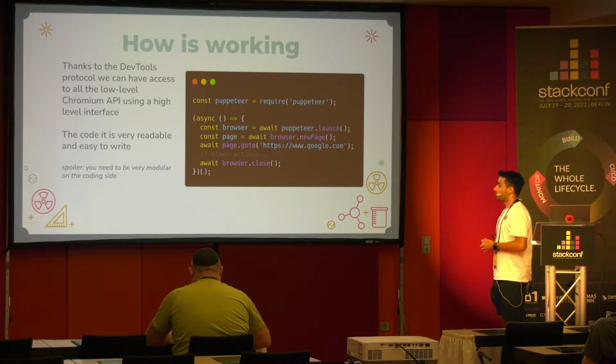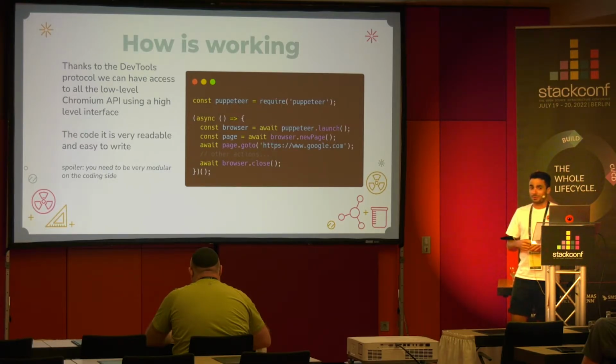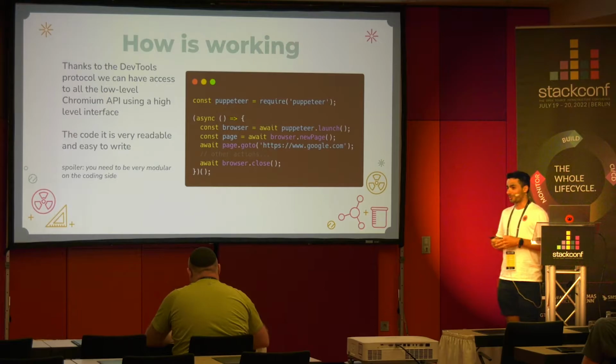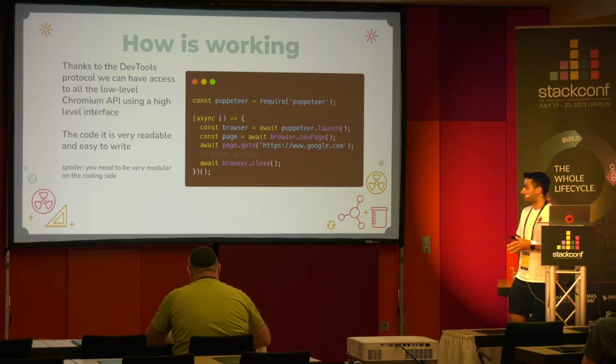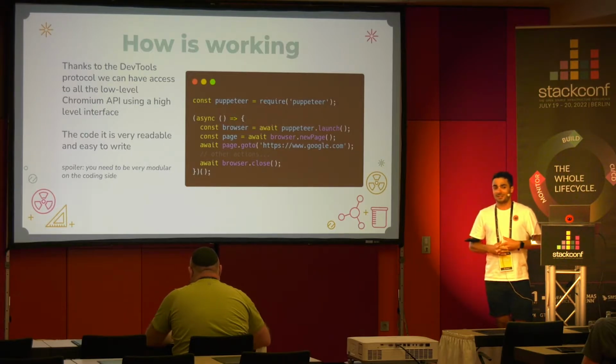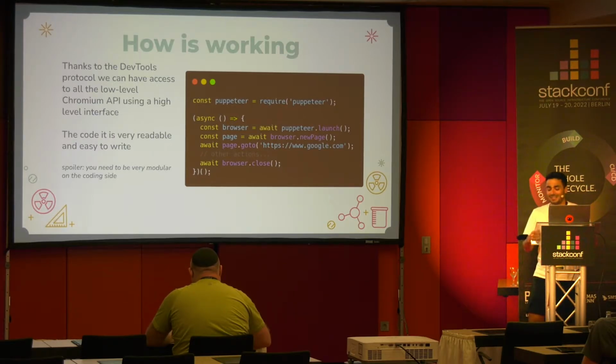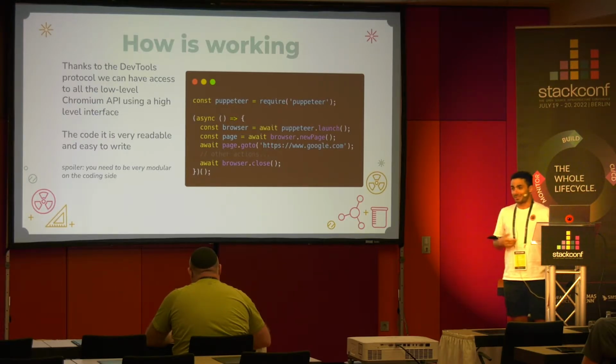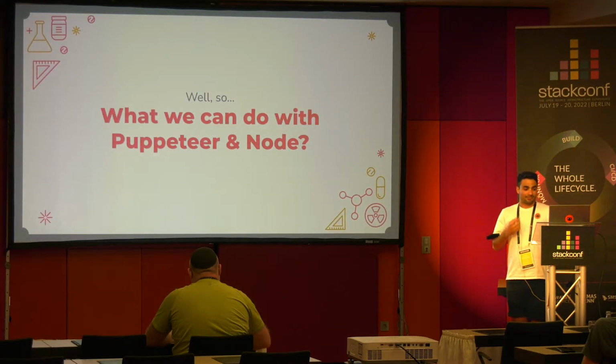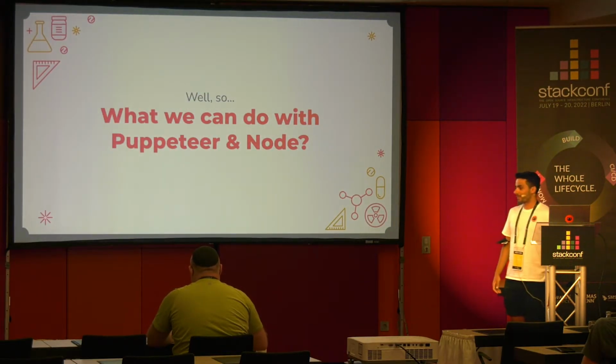It's pretty easy to write, but you need to be very careful to write it, because it's easy. It doesn't mean that it's easy all the way around in your application, in your test. It just means that it's easier to write bad code, because it's readable, but it's going to be hard to maintain. So what you can do with Puppeteer and Node.js?